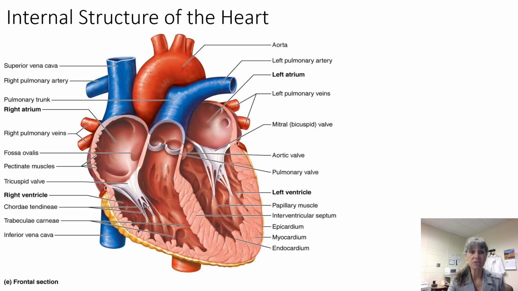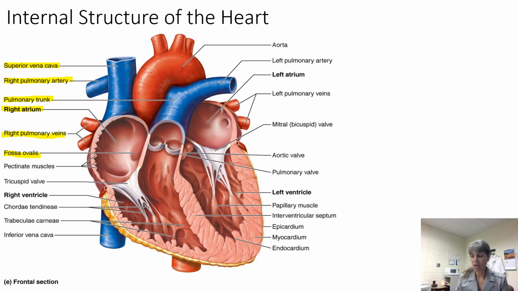Now we're looking at the internal structure of the heart again, and these structures should be somewhat more familiar for you. Here again, we see the superior vena cava, the right pulmonary artery. Remember, it's going to the lungs, so it's oxygen poor. We see the pulmonary trunk. We see the right atrium. We see the right pulmonary veins. And then there's a structure between the right atrium and the left atrium. In the adult heart, it's called the fossa ovalis.